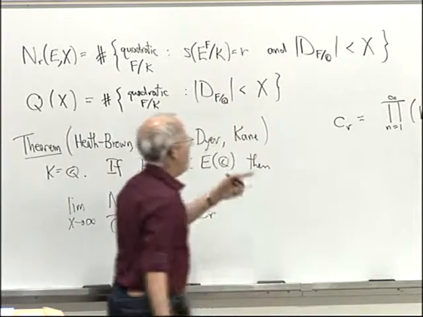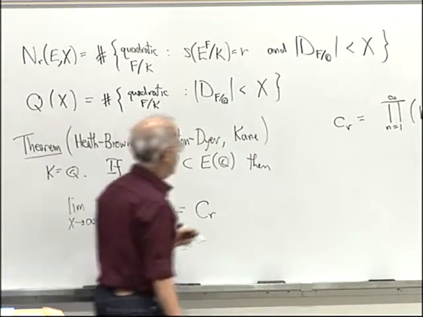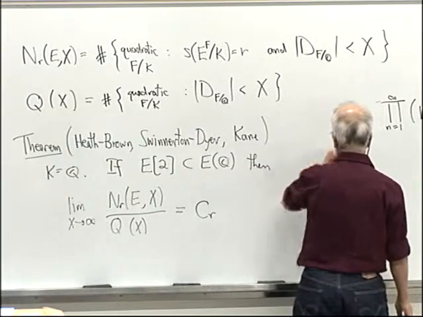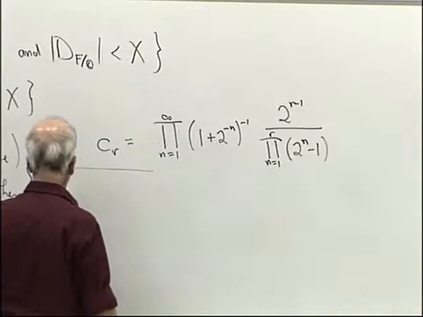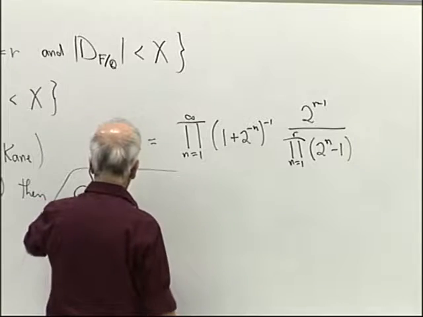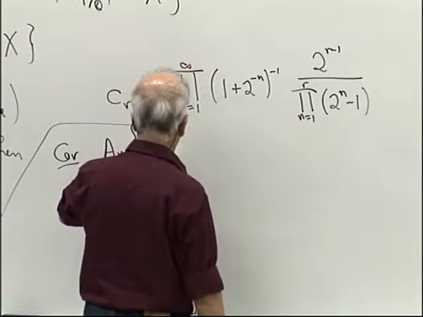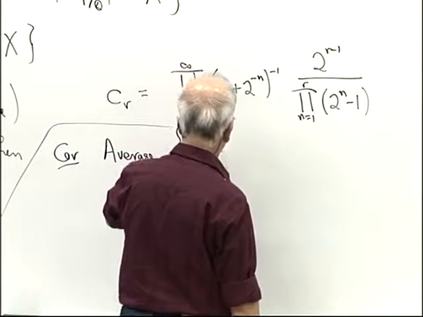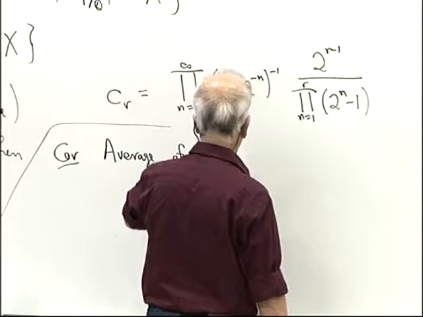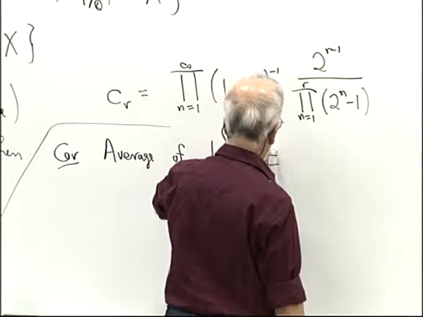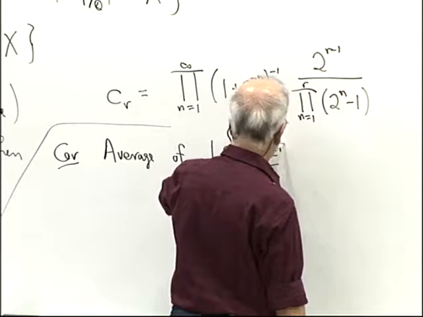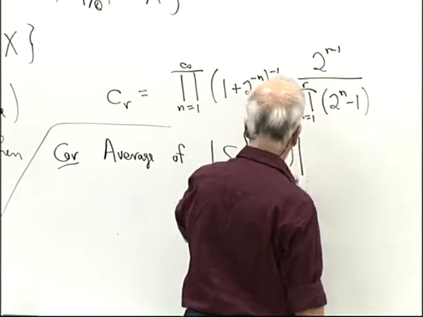Okay, and so one thing you can deduce from this, a corollary, is the average of the sizes of the 2-Selmer group of E^F in this family.